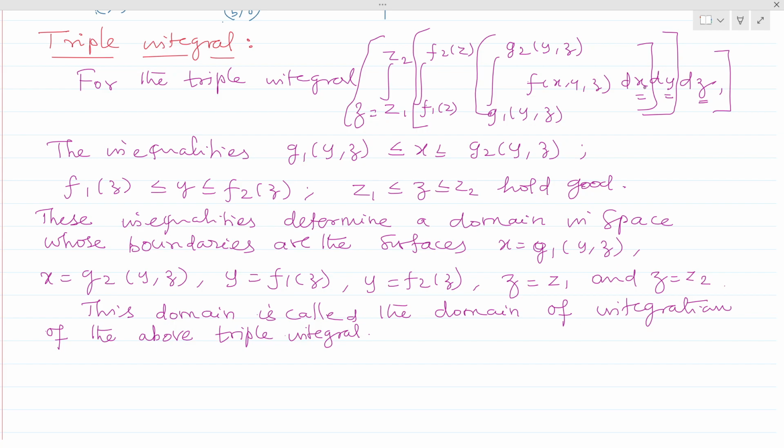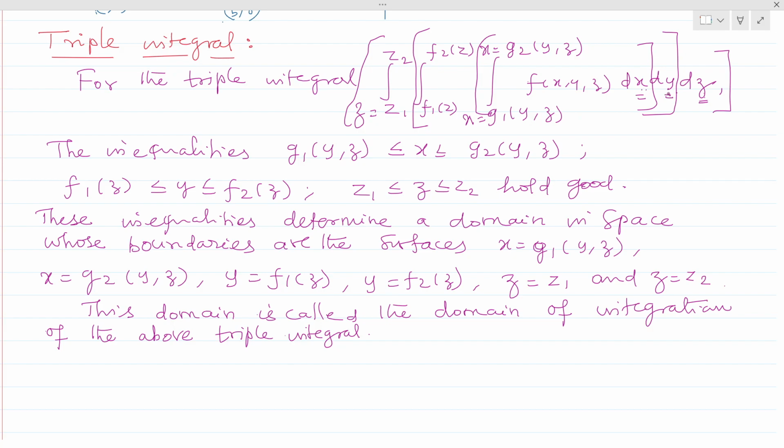In case we are integrating with respect to x, keeping y and z as constants, the limits of x may be constants or functions of y and z, the remaining two variables. Once you integrate with respect to x, next we integrate with respect to y.